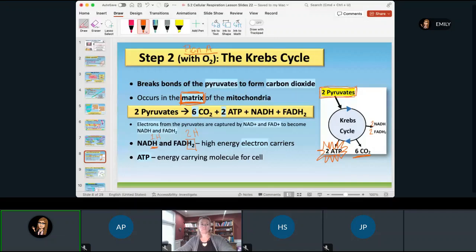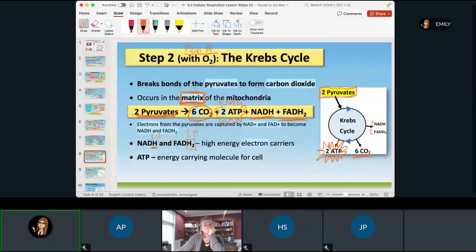So for this one, we have 2 pyruvates that come in. We produce 6 carbon dioxides. We produce 2 ATPs. We produce NADH and FADH2.